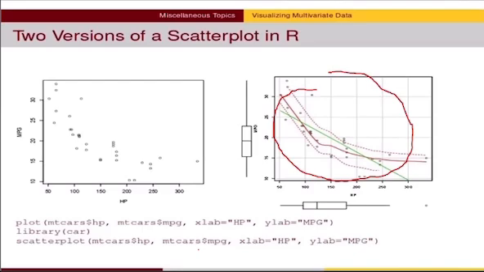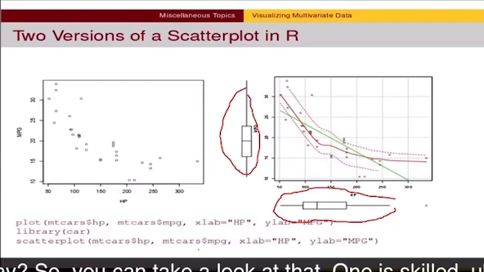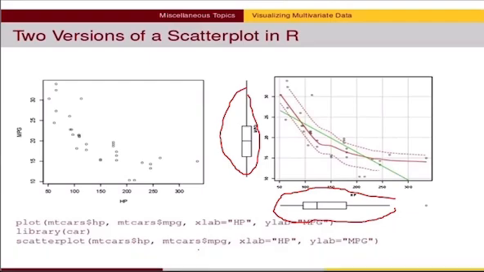Another thing I want to show you, I know you've seen this before, is box plots. The box plot of a variable will tell us the shape, whether it is skewed or not. You can see the MPG is skewed. One is positively skewed, and the other one is negatively skewed.